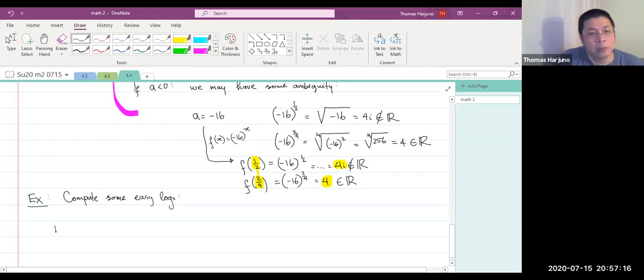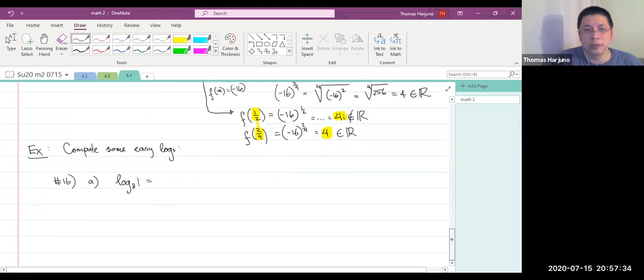For example, number 16, part A. Log base 8 of 1 equals what? Eventually you need to memorize this, but let's call that x for now, and we will solve for x.